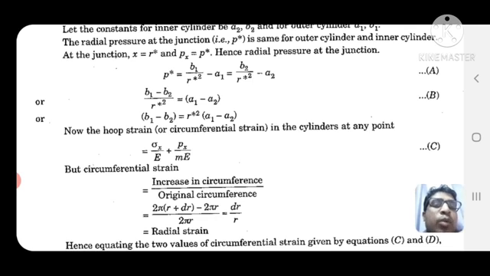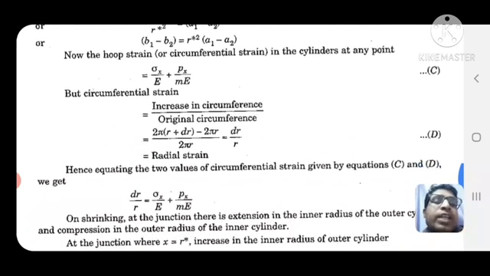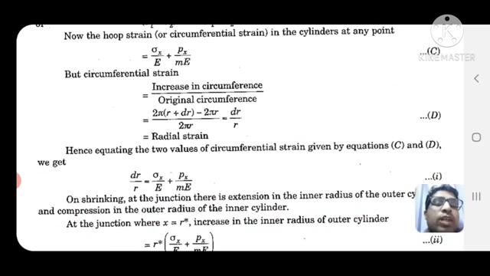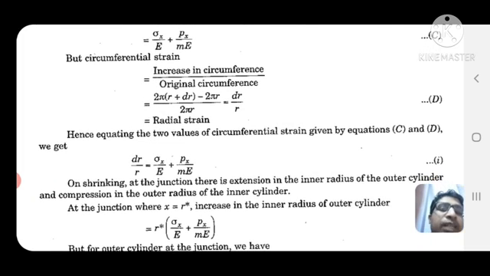Now, the hoop strain or circumferential strain in the cylinder at any point is equal to sigma x by E plus Px by m E. But circumferential strain is the increase in circumference divided by the original circumference.